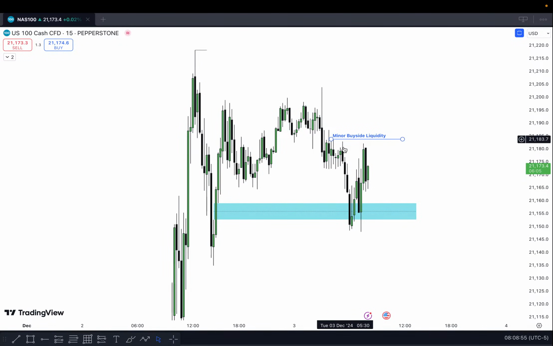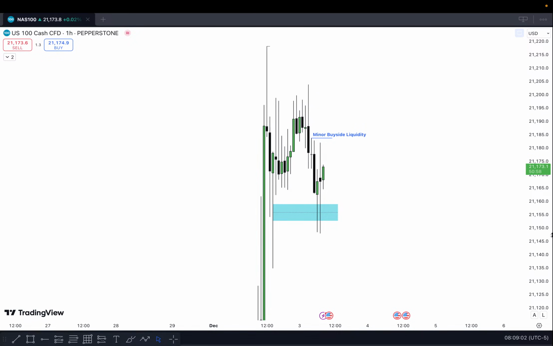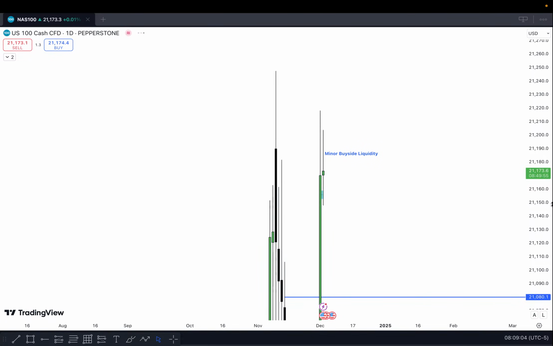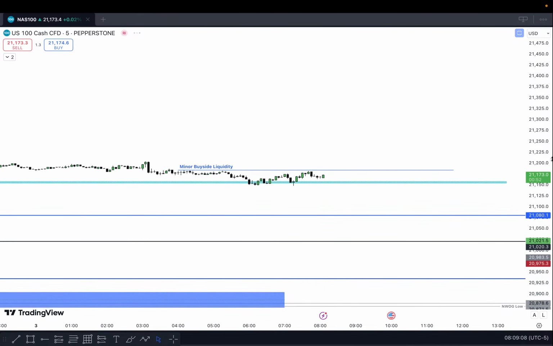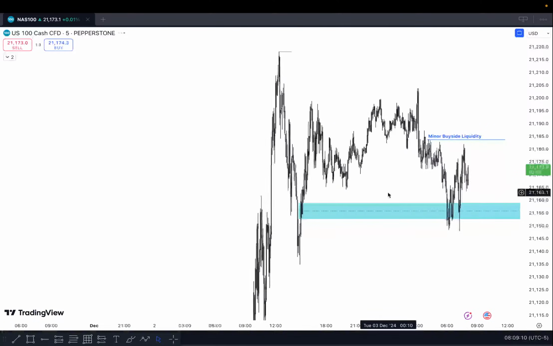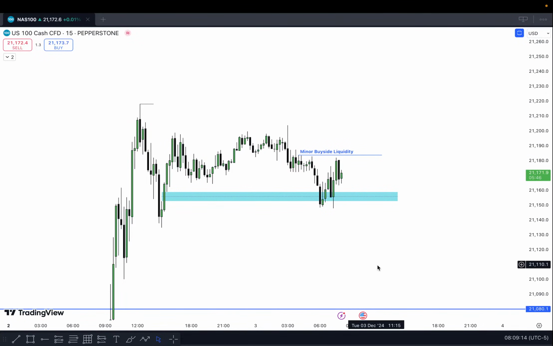These are the minor buy side liquidity. It can be attacked. Okay, it can be attacked. And if you see carefully on the daily chart, we can attack the previous day high. So what I want to see on the Nasdaq chart is a nice manipulation on the downside.